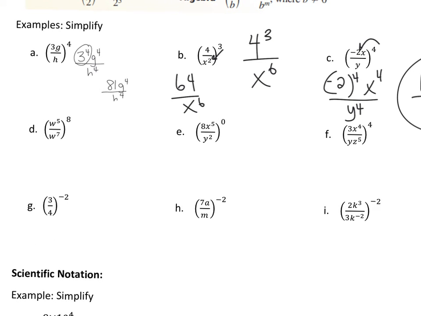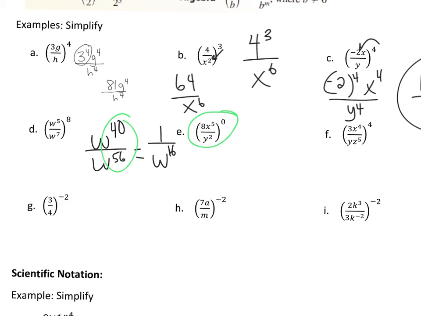Okay, D is w to the 40th over w to the 56th power, which equals 1 over w to the 16th, because there's going to be 16 extra on the bottom. E, the whole thing is taken to the 0 power, so that's just going to be 1.